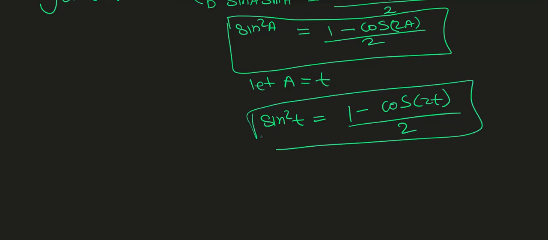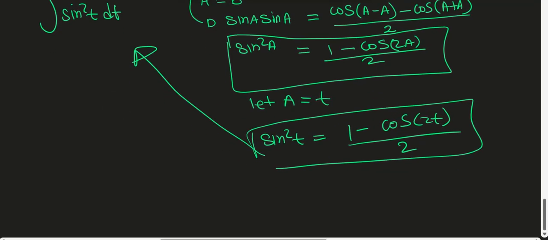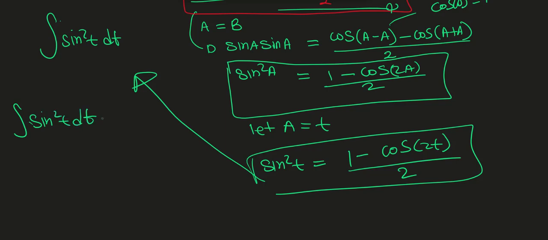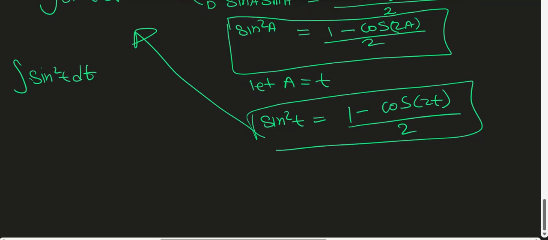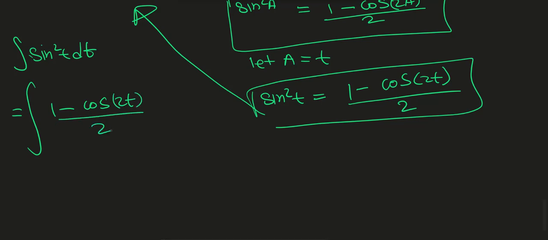This we'll then use to replace our initial expression. Therefore, the integral of sine squared t dt is equal to, it's the same thing as, 1 minus cos 2t divided by 2 dt.